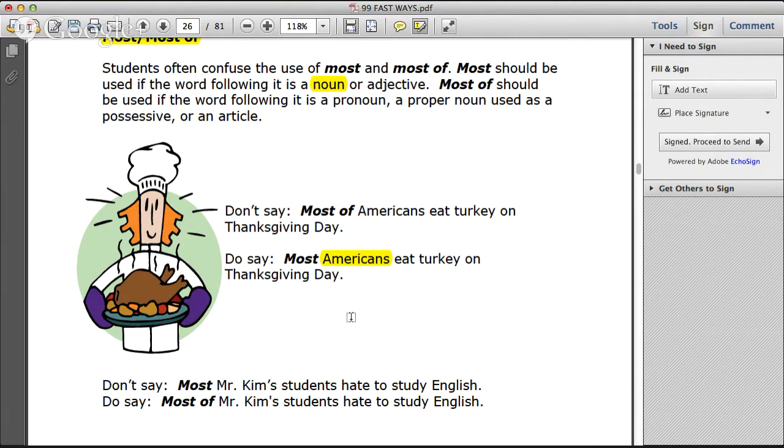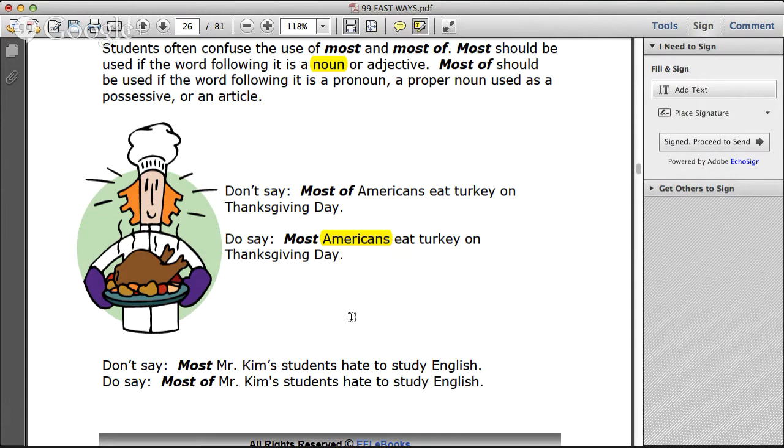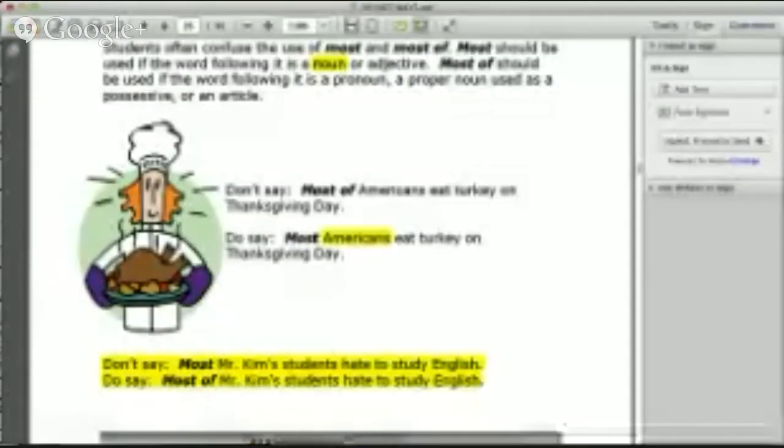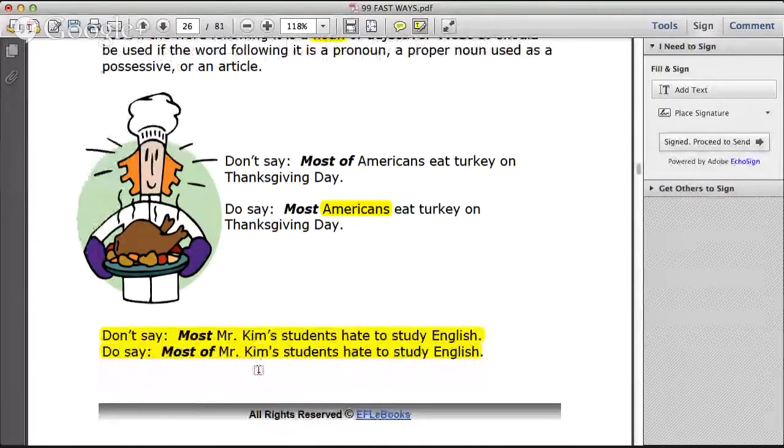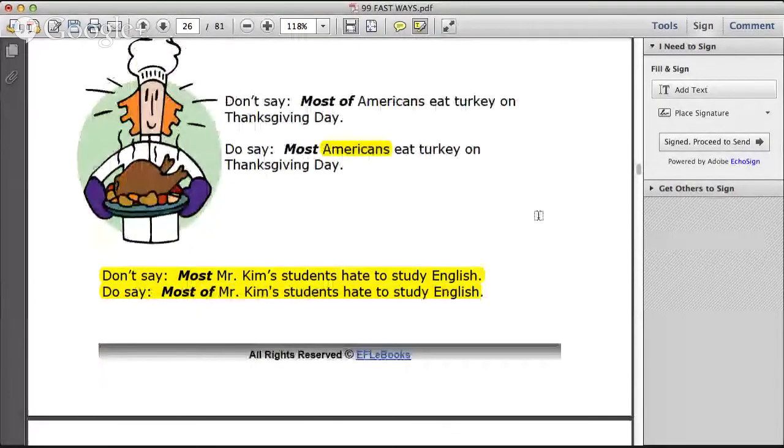All right. Let's take a look here at most of and how we would use that, and we're going to compare these two. Juan, let me have you read these two down here below, please. Don't say most Mr. Kim's students hate to study English. Do say most of Mr. Kim's students hate to study English. Very good. So what do we have here? Mr. Kim's students.